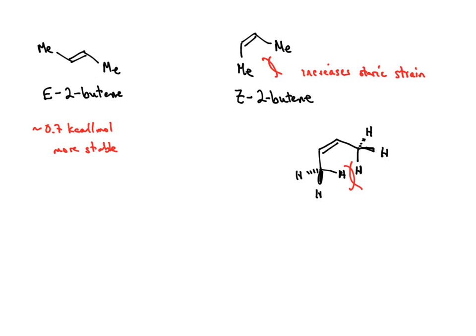And so we know that the E isomer and the Z isomer are going to be different in energy. Why do alkenes exhibit this stereoisomerism in the first place? Well, you have to remember that the molecular orbital description of a CC double bond involves the formation of a pi bond. So let's take a look at that.